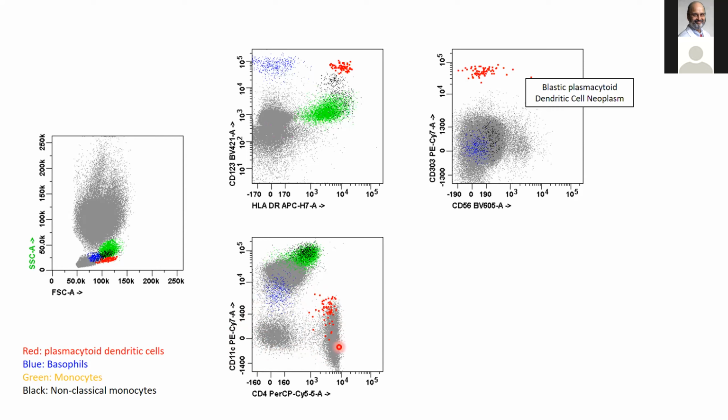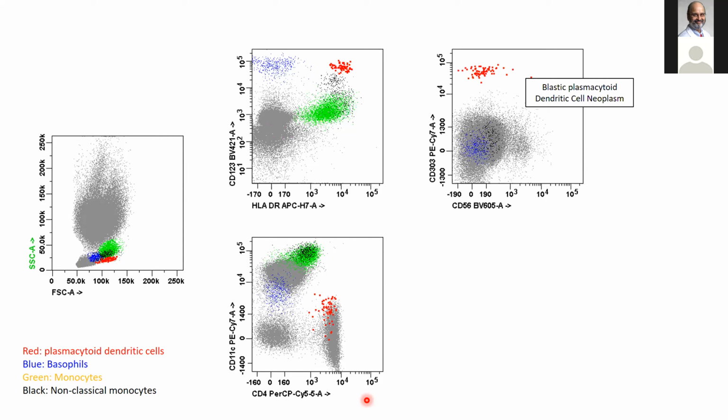Now, CD4 is an important marker on plasmacytoid dendritic cells, and it's important to recognize that plasmacytoid dendritic cells can have different intensities of CD4 expression, depending on the tissue type that you're looking at, and potentially the specific type of plasmacytoid dendritic cell, I suppose.